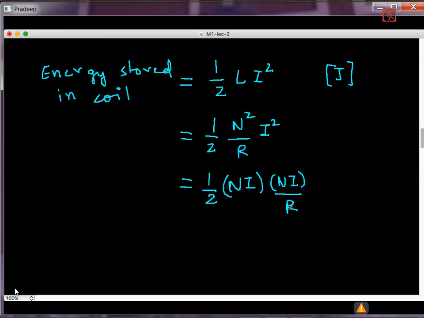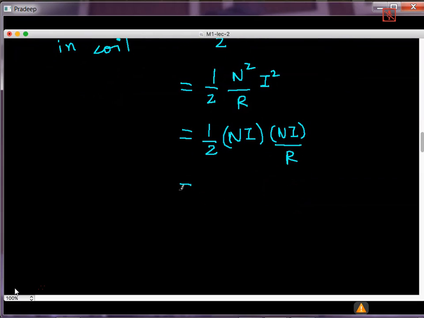So this ni by r is nothing but the flux. This is another symbol we can use, where this is the energy stored in the coil. I'm writing E coil. Energy stored in the coil is this.